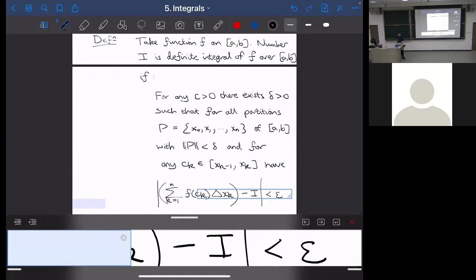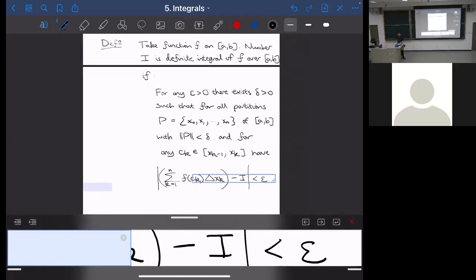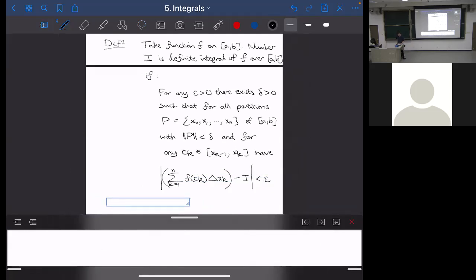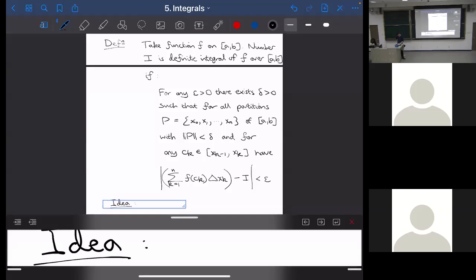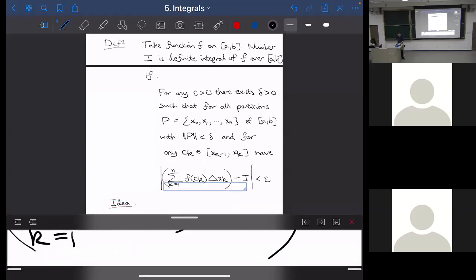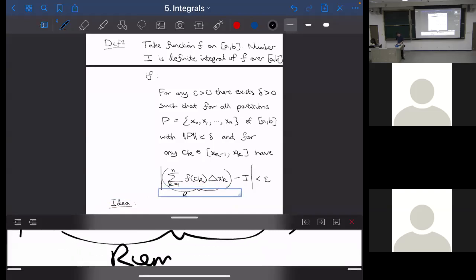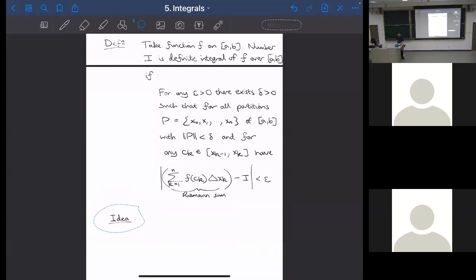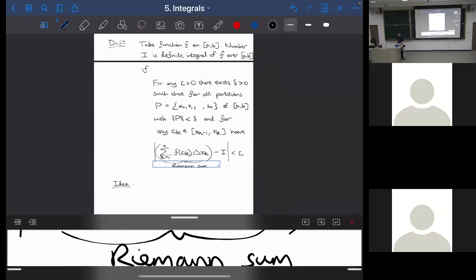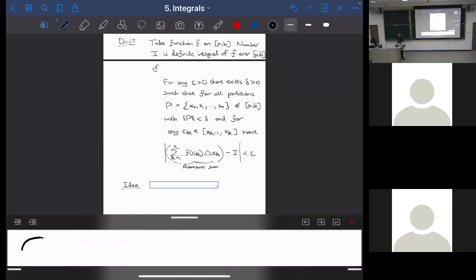So what this is saying, the idea: let me write, this here is the Riemann sum. What's the idea?